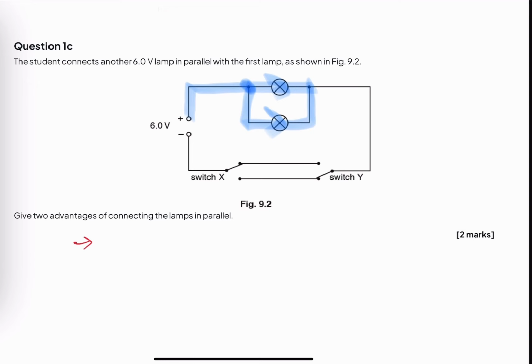both the lamps will have the same potential difference. So one advantage is both lamps will have the same potential difference.